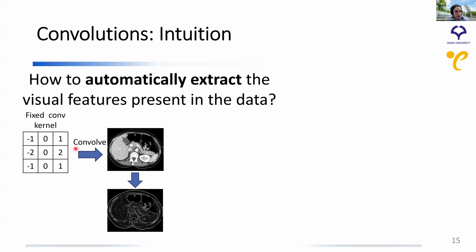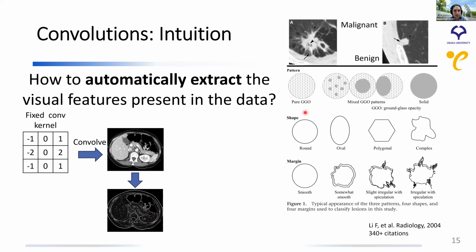However, it's very hard to design these kernels. Taking an example, the features that are present in images of lung cancer, you can see here that there are many types of features that can hardly be designed to be implemented using such a simple or small kernel. We would need many filters, many variations, a lot of trial and error to reach the most suitable kernels to get these output features.